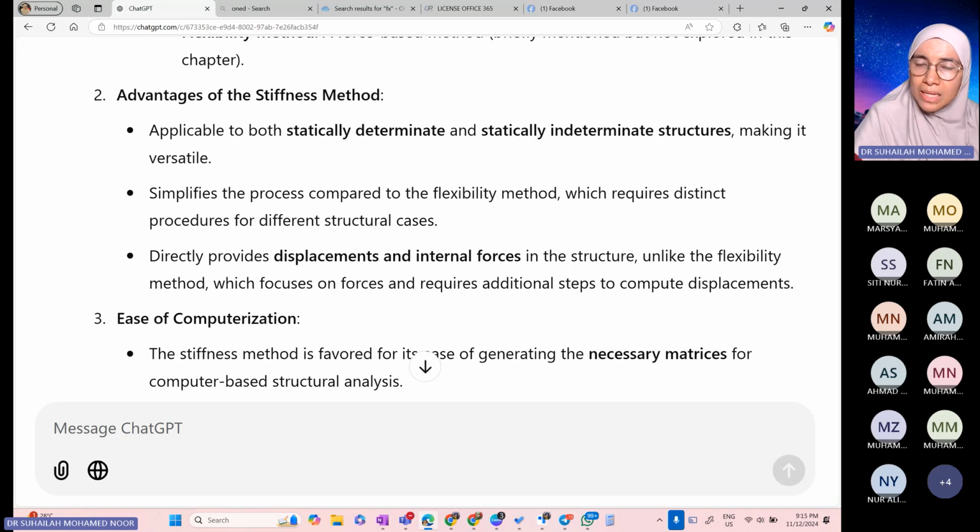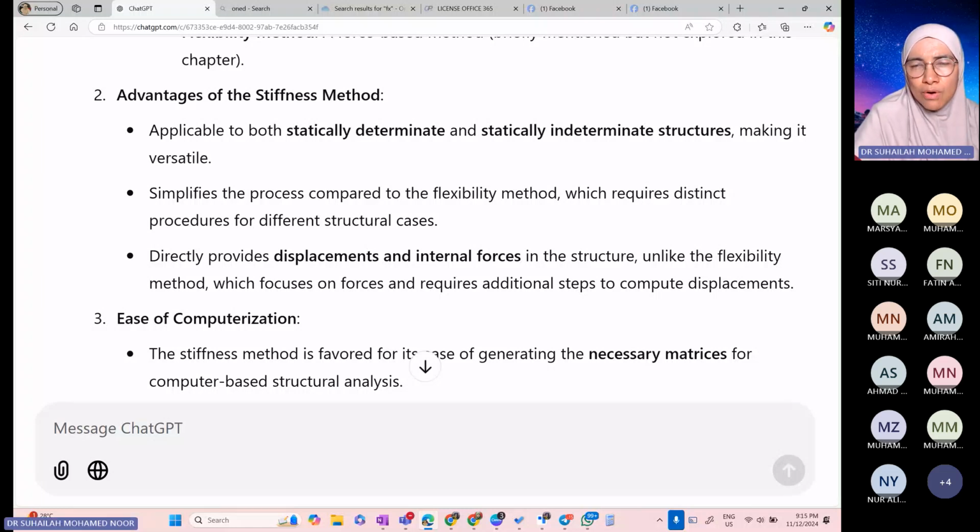So step-step yang kita akan buat to solve the structure using stiffness method adalah step yang sama yang kalau kita nak modelkan building guna software, we follow the same step. Okay, so dia punya prosedur dia lagi nampak better than flexibility lah. Better tersusun sebab dia pakai formula, dan dia lagi simple.